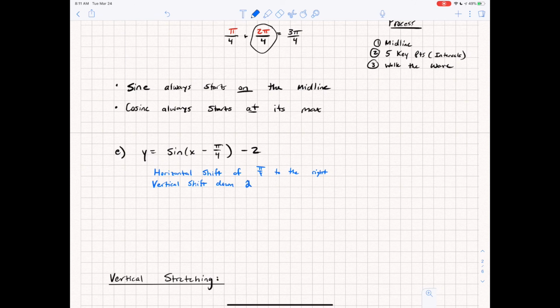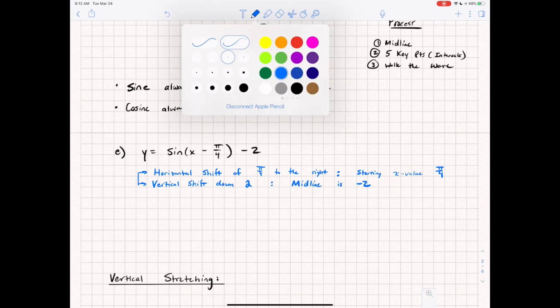And the way that we translate these two things in terms of sketching is that the horizontal shift tells me my starting x value is going to be pi over 4. And the vertical shift tells me that my midline is -2.